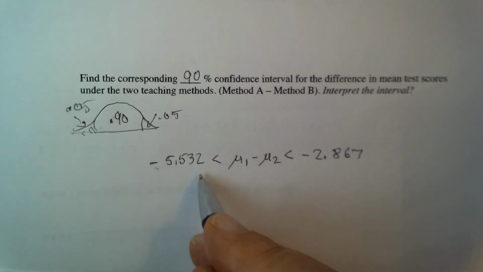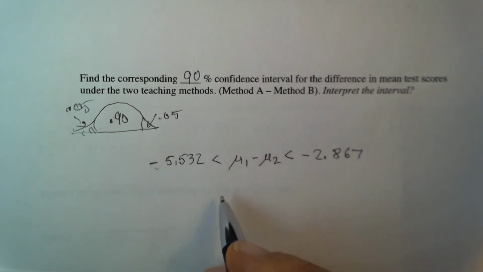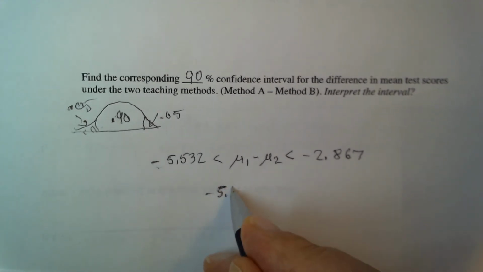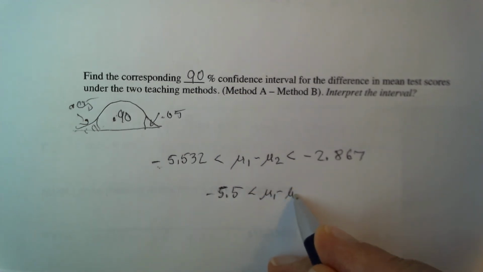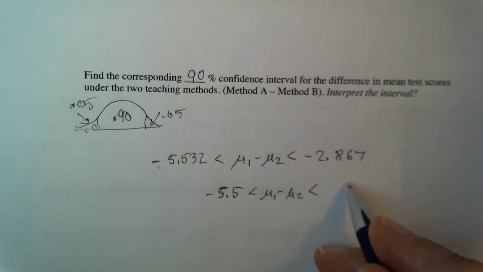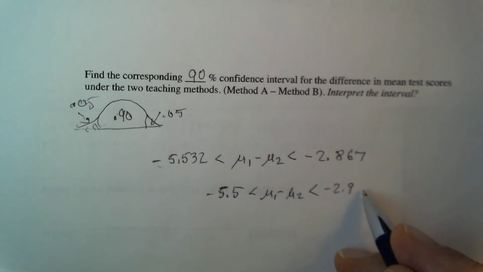So both endpoints are negative. If we round it, of course, it would be minus 5.5 less than mu sub 1 minus mu sub 2, in other words, the difference between the two scores, and minus 2.9.